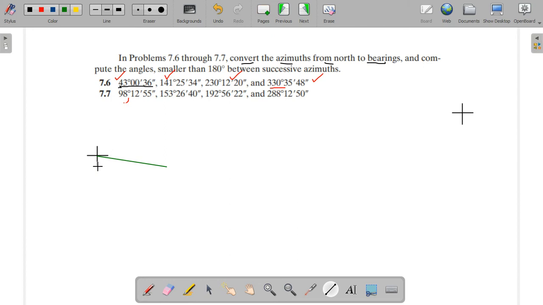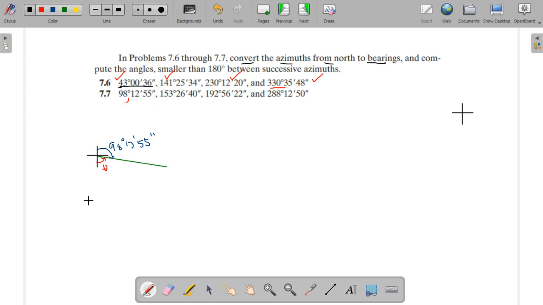Okay, so this is the azimuth, 98 degrees 12 minutes and 55 seconds. All right, so this is your bearing line, I mean, angular distance, theta.